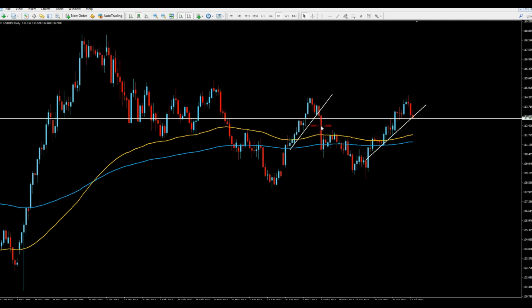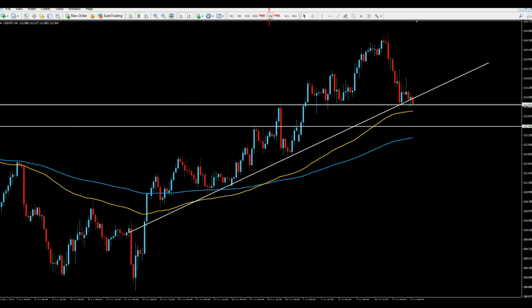Now obviously we cannot expect a large drop like that, but the next potential support, I will actually put it on the resistance here, because I remember when this got broken, as you can see here, it was support before, so this could be a target for USD JPY when it breaks its support.